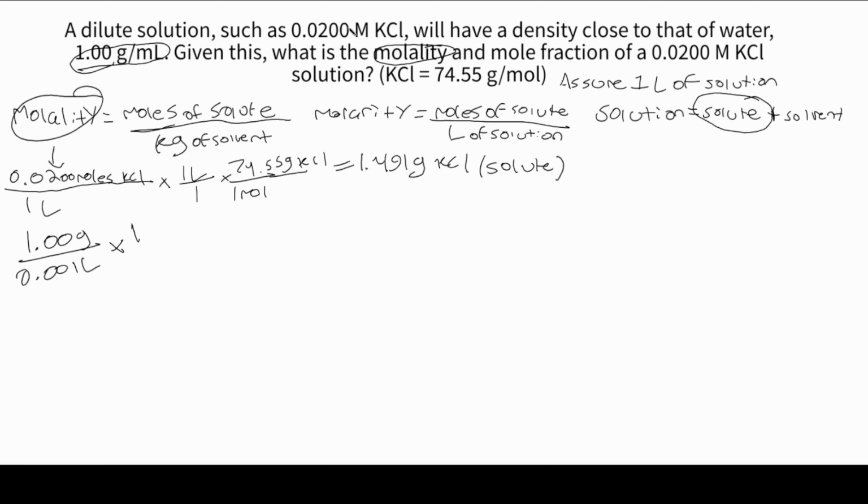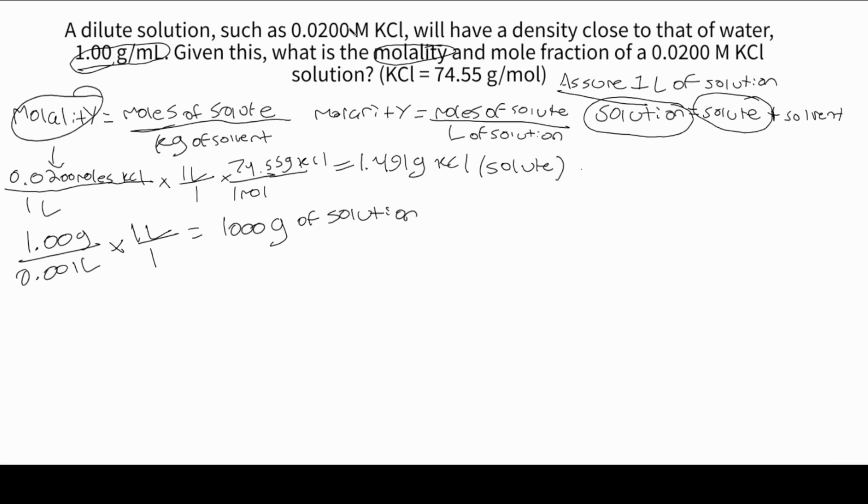We multiply that by 1 liter because we're assuming 1 liter of solution. 1 divided by 0.001 is equal to 1,000 grams of solution.